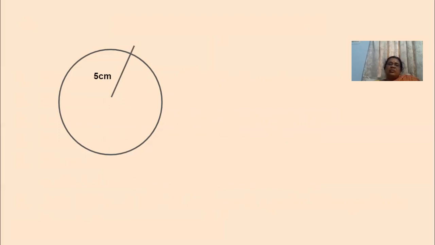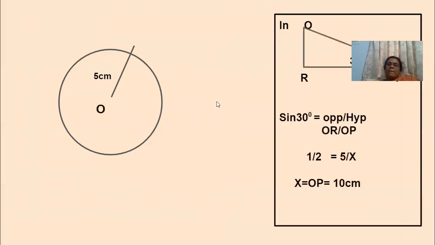As usual, now we have to draw a circle with 5 centimeters radius. Now see here, the angle between the tangents is given, it is 60 degrees. Now we have to take half of it, that is 30 degrees.